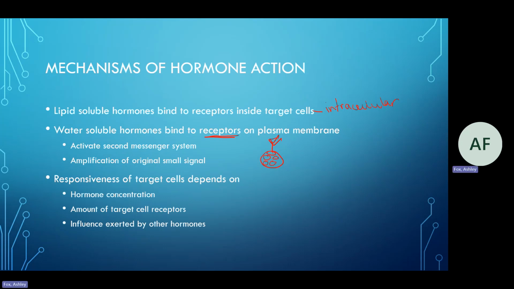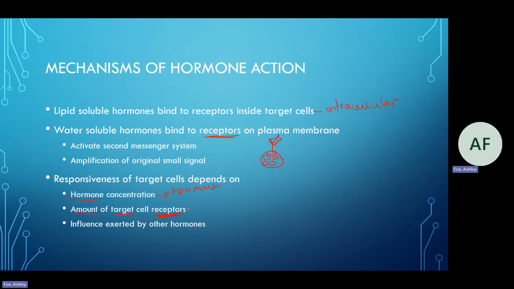No matter whether it's water soluble or lipid soluble, the response of the target cells depends first on the hormone concentration. So how much hormone do you have? Also, the amount of target cell receptors. So again, this is the downregulation and upregulation.